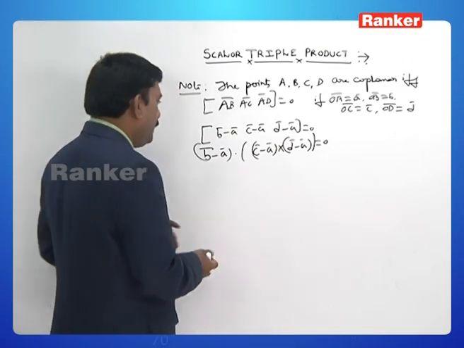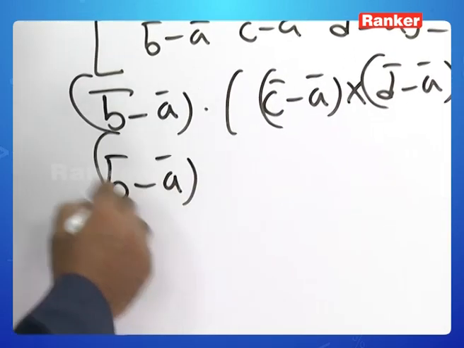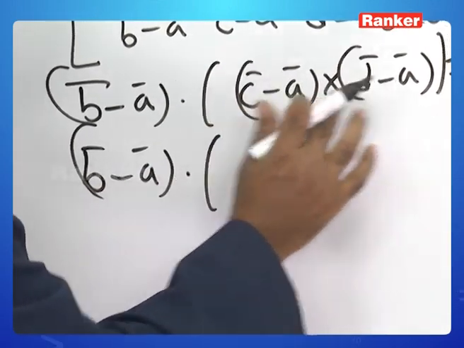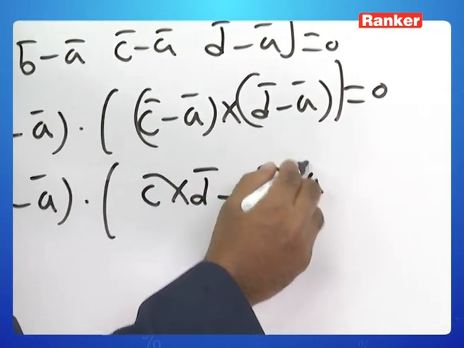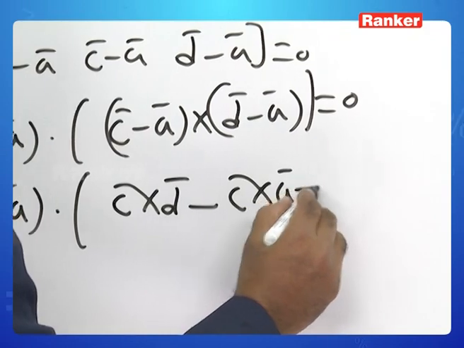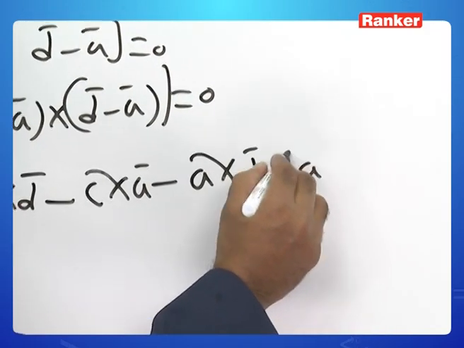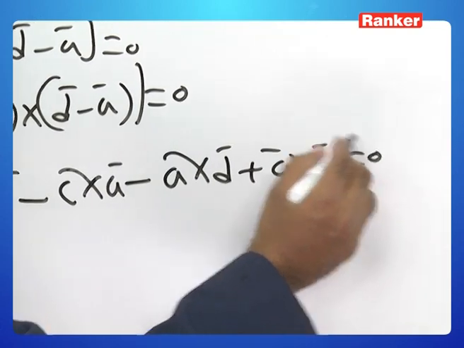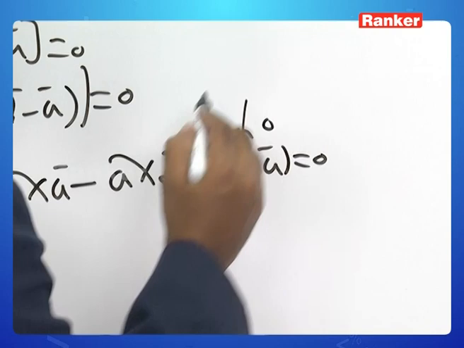Now I can take this one as (B bar minus A bar) dot of, take the cross product, C cross D minus C cross A minus A cross D plus A bar cross A bar. Now this is nothing but 0, right?